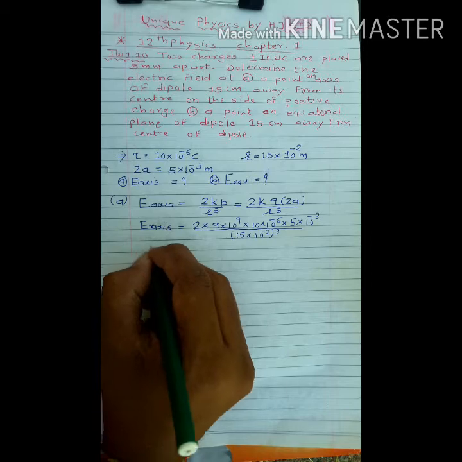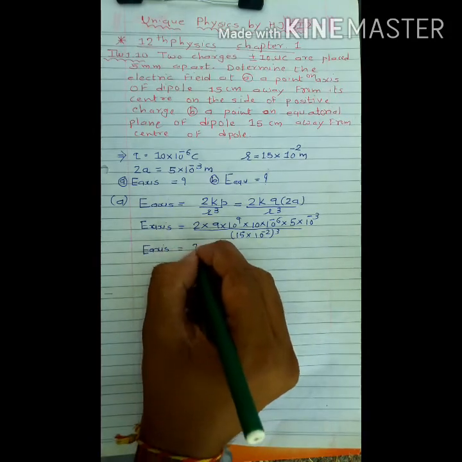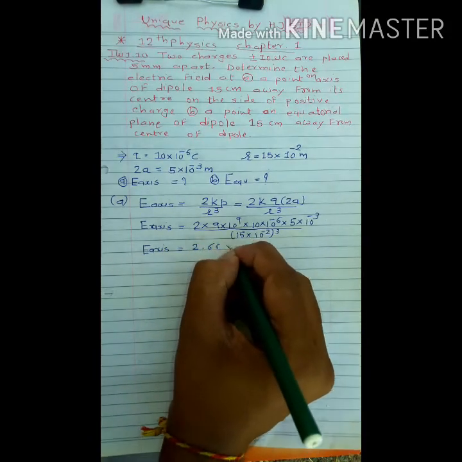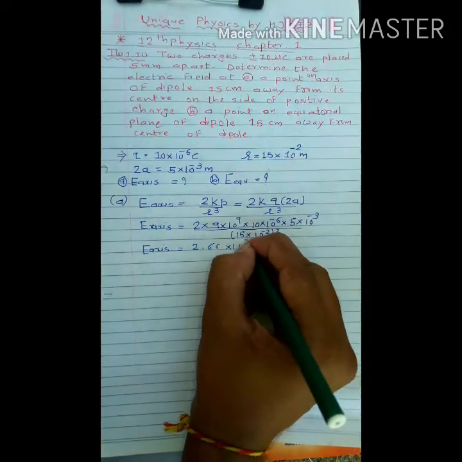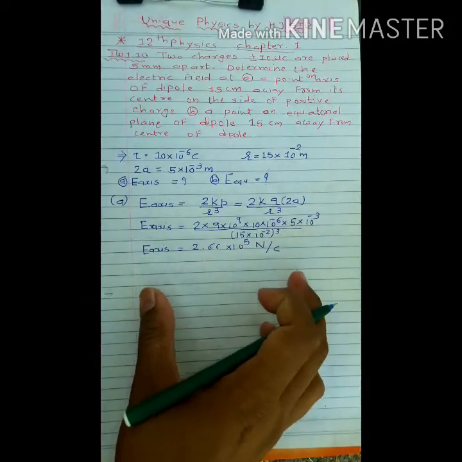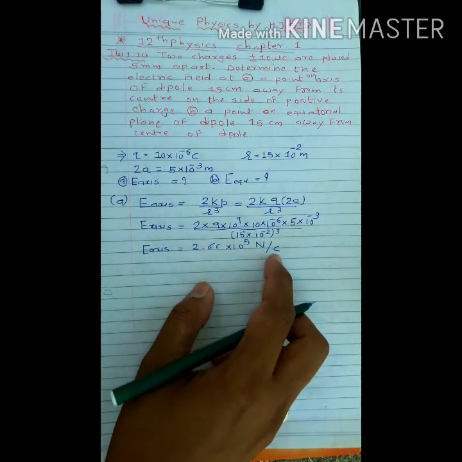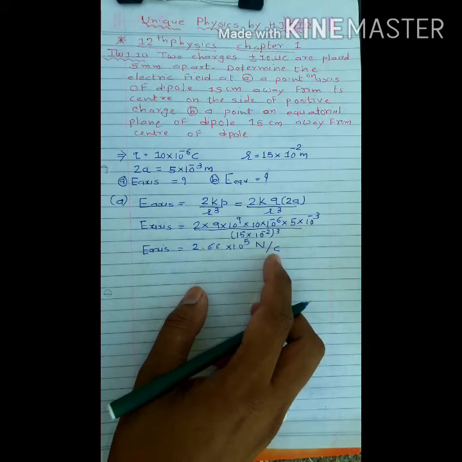Now try to solve this. Your answer is that the electric field on the axis of the dipole is 2.66 into 10 to the power 5 Newton per Coulomb.